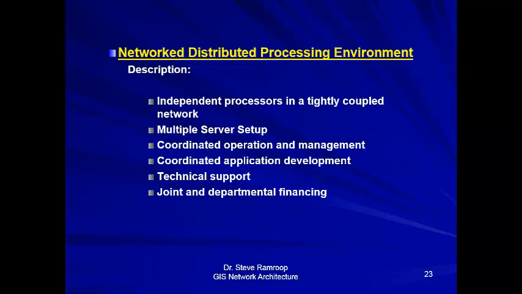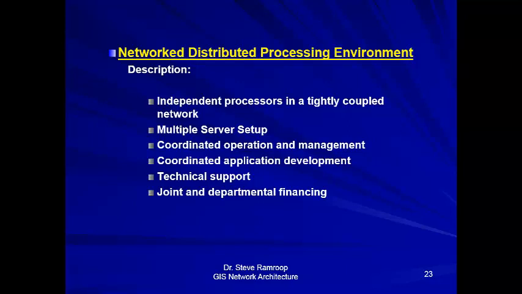The last architecture, which is the recommended architecture, is what we call network distributed processing environment. Instead of one server, we have multiple servers. Okay, so it's an improvement on the single client server environment that we talked about previously.